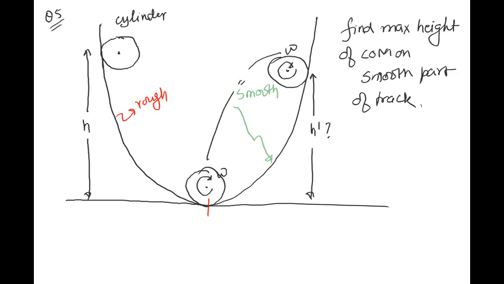नहीं, यहाँ पे इसकी काइनेटिक एनर्जी क्या होगी? mgh is equal to kinetic energy of translation plus kinetic energy of rotation. But we know that for a cylinder this is equal to 3/4 mv square.